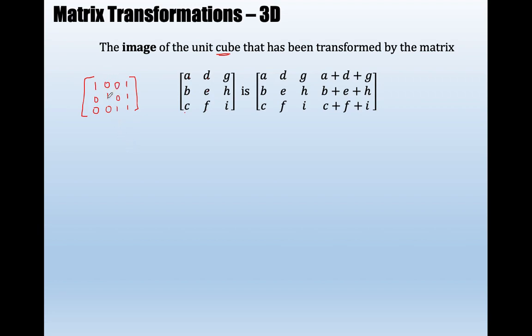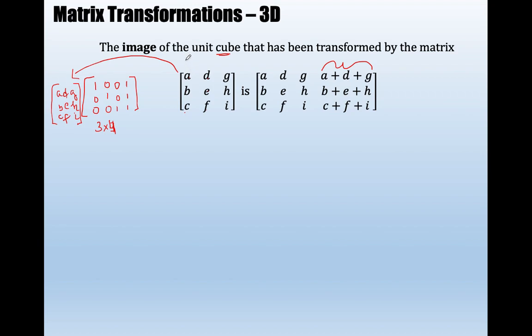If I take this 3 by 4 unit vector matrix and left multiply by the transformation matrix, do that multiplication, this is what you're going to end up with. And our same pattern for the last column holds.